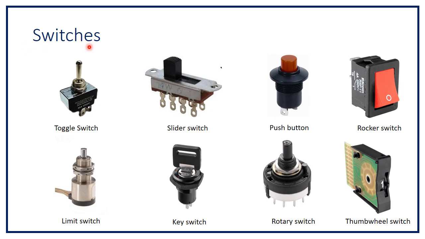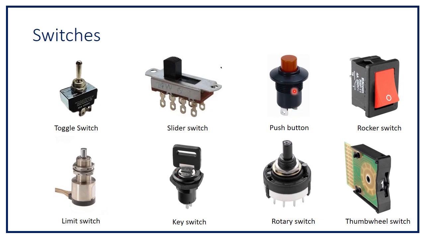In this slide we will discuss different types of switches. The first is a toggle switch. We can turn the switch on and off by using this button. This is a slider switch. We can turn it on and off with the help of this slider. This is a push button switch.